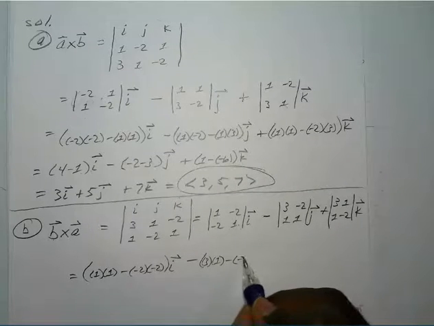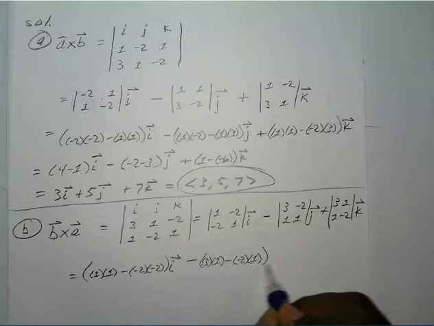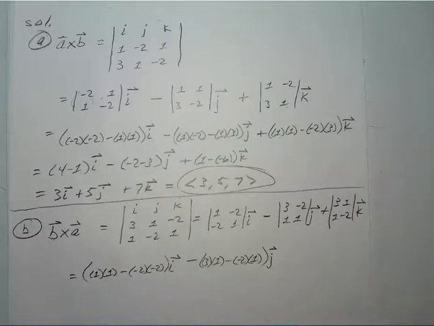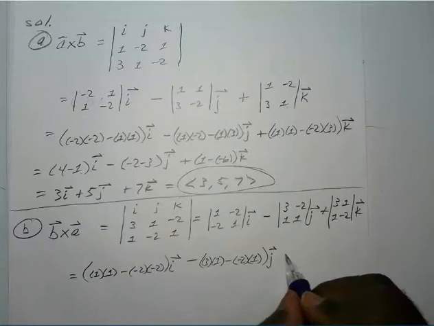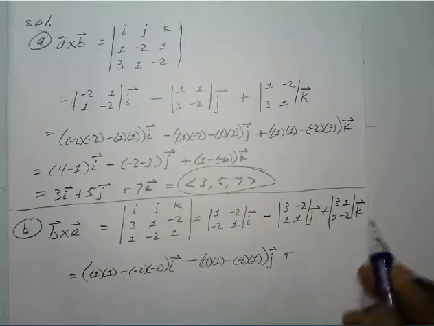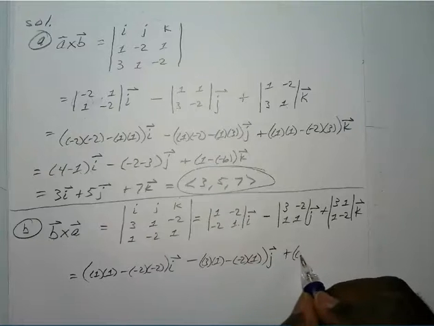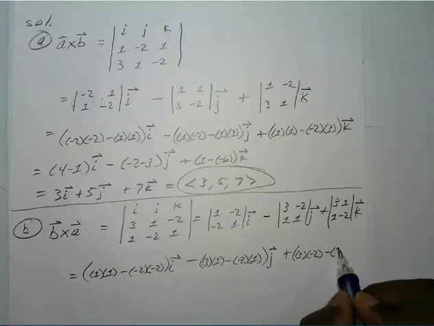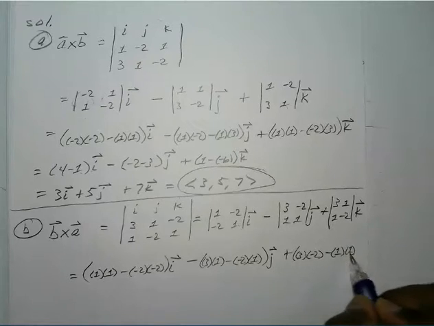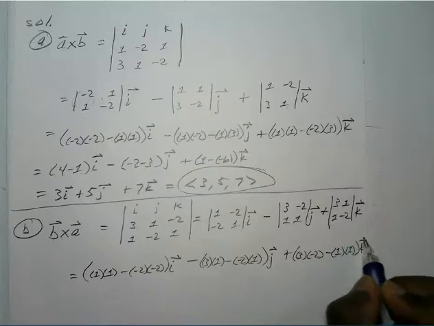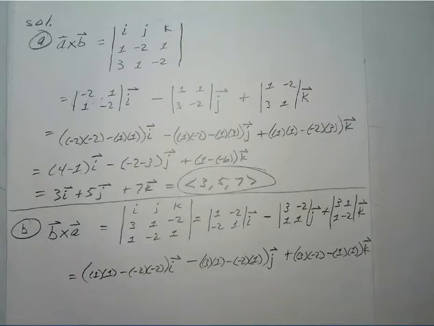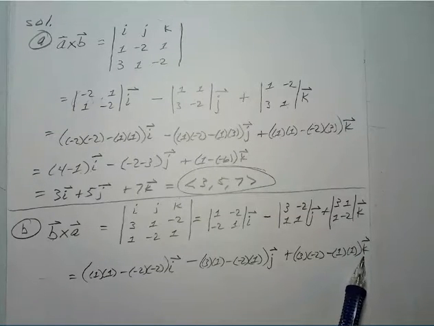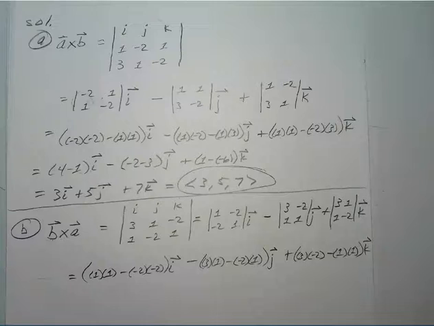That's times your j vector, plus, we have 3 times -2 minus 1 times 1. And that's times your k vector. I don't know why I don't start further to the left. I always end up with zero room on the right.